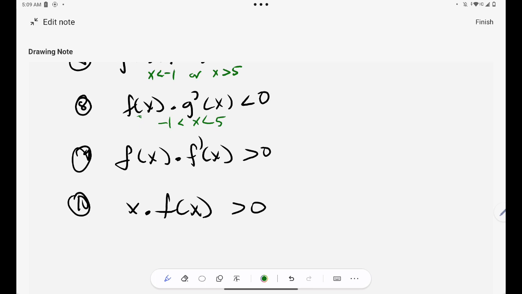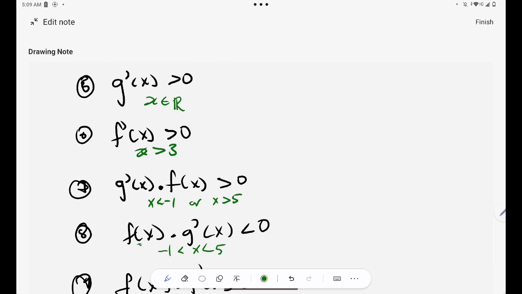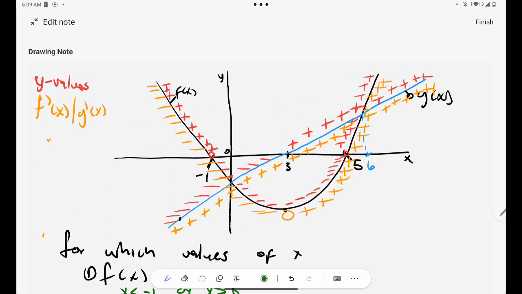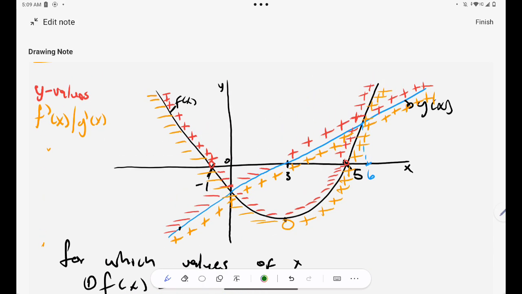Are you together? And then number 9, I'm asked to find for which values of x is the graph of f and its derivative positive. Okay, they must have the same sign. I'm focusing only on the curve where they have the same sign.